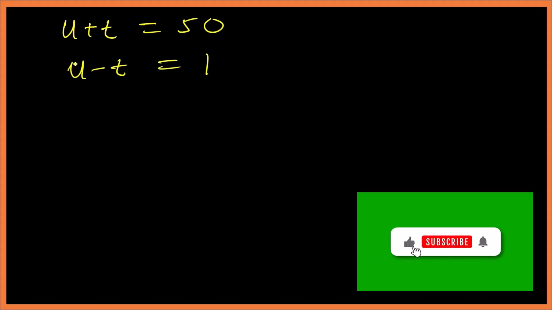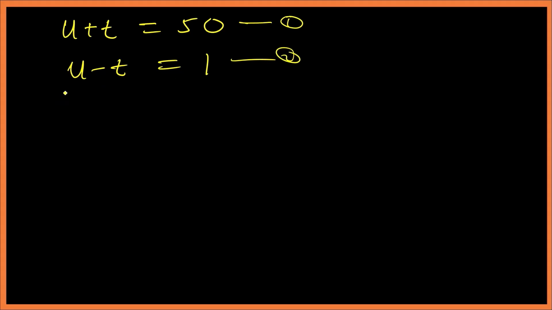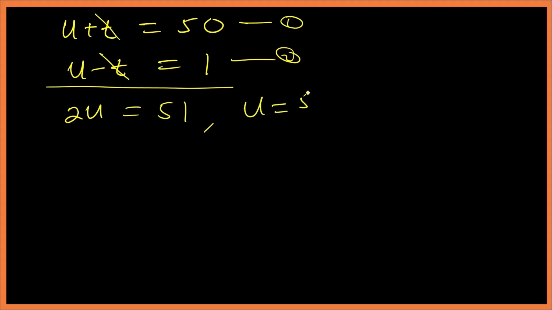Let me call these equations 1 and 2. Now let's add equations 1 and 2, which will make this side 2u, this one will go, equals 51. Therefore, u is 51 on 2.